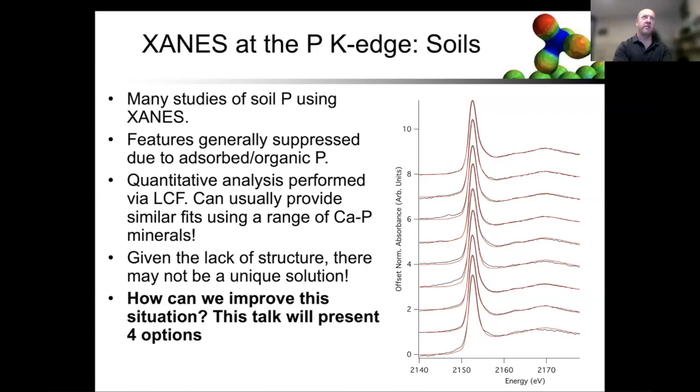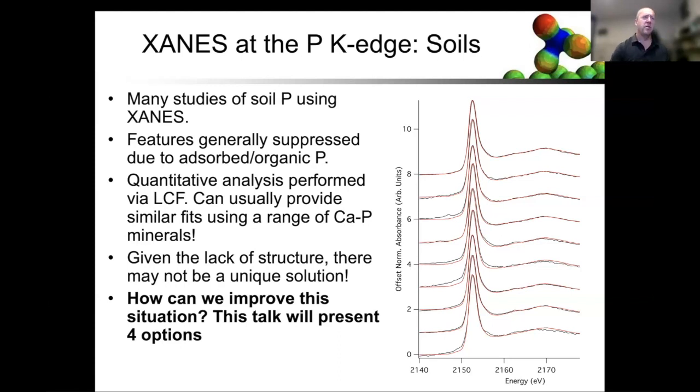The reasons for that are that organic phosphorus, adsorbed phosphorus, and really poorly crystalline phosphorus materials all have basically the same XANES spectra in the K-edge. And those forms of phosphorus collectively might be 75 or 80% of the total soil P in many systems.